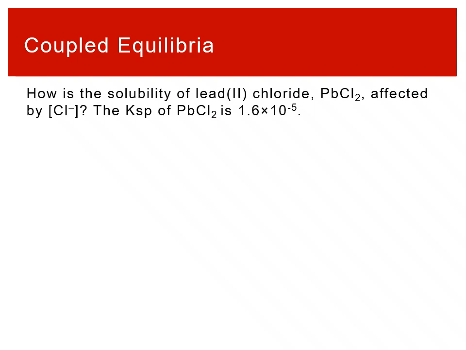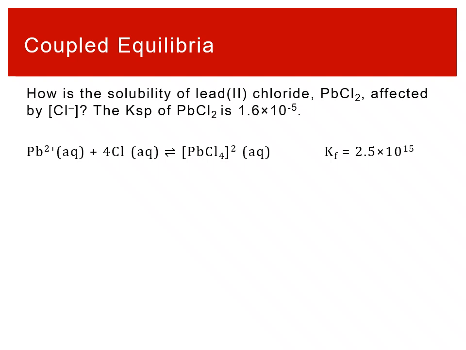So let's look at one implication for solubility. Take lead-2 chloride. How is the solubility of lead-2 chloride affected by a concentration of chloride? The Ksp of lead-2 chloride is 1.6 times 10 to the negative 5th. Now we have lead-2 in our solution, and this is a main group cation, not a transition metal, but it still is a good Lewis acid. So it can interact with chlorides to form an ion, PbCl4 2 minus.